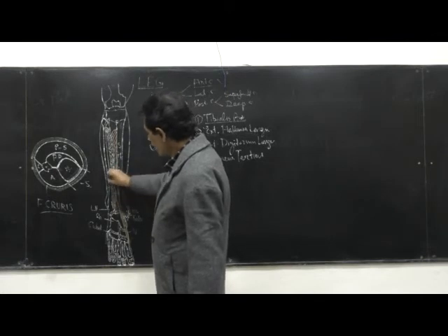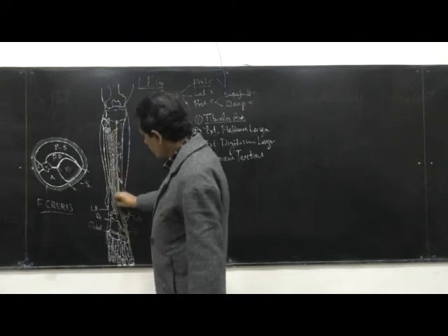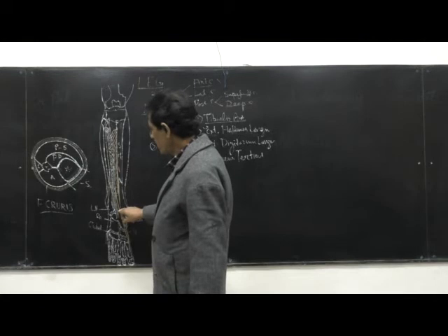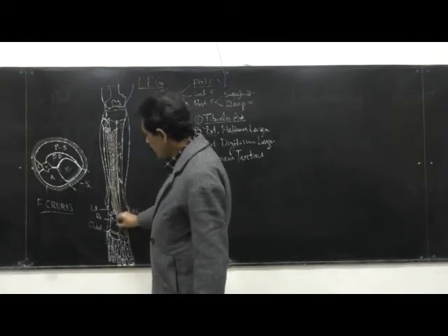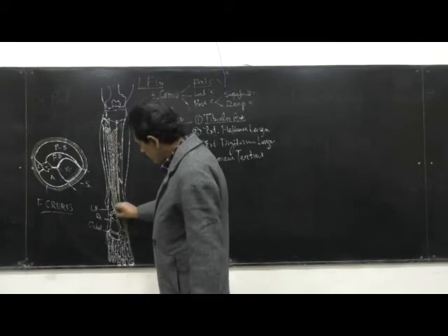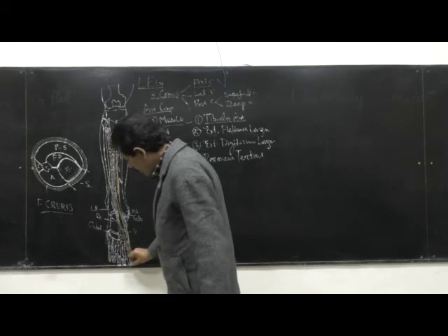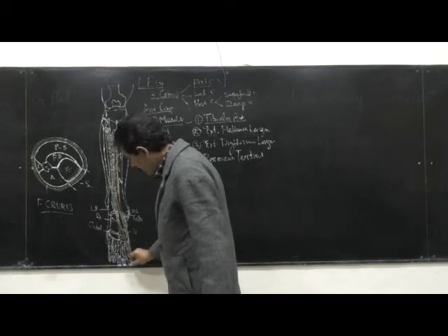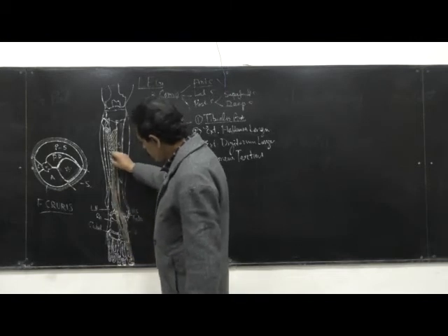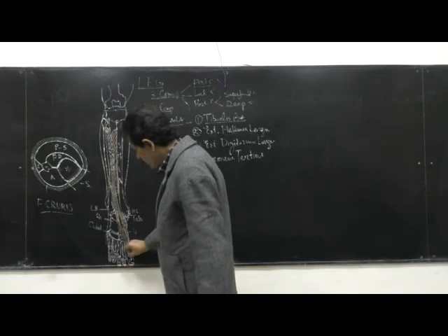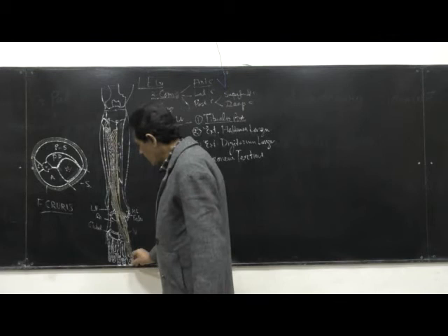So this muscle will be crossing the front of the ankle joint, the anterior surface of the tibia and the talus, and as it has to go towards the hallux, this muscle will run towards the great toe and be inserted on the dorsal surface of the base of the terminal or distal phalanx of the great toe. So that is the insertion of extensor hallucis longus. So it is inserted here.